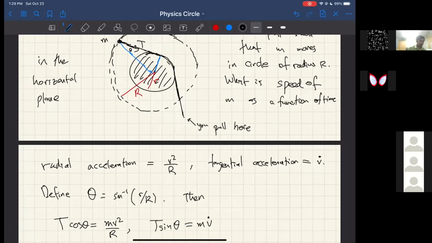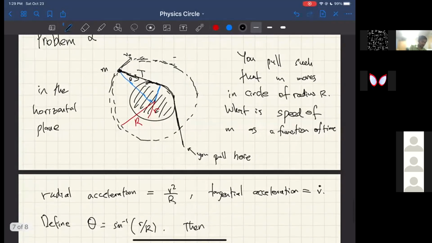Shouldn't T be the hypotenuse? No, T is a force. T is not a length of the string. The lengths here are little r, capital R, and this length is the square root of capital R squared minus little r squared. T is just the tension force here.